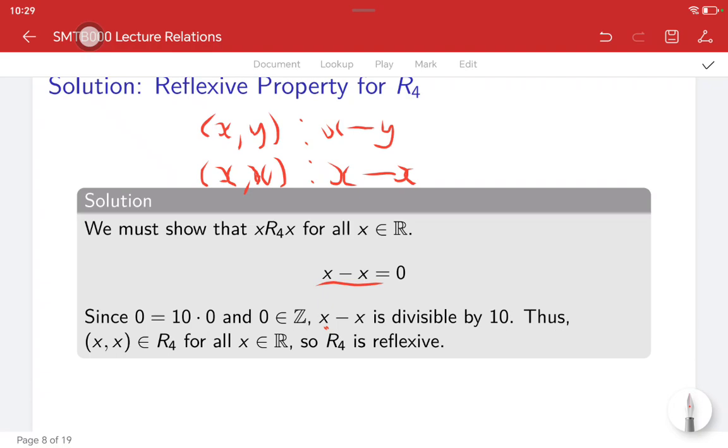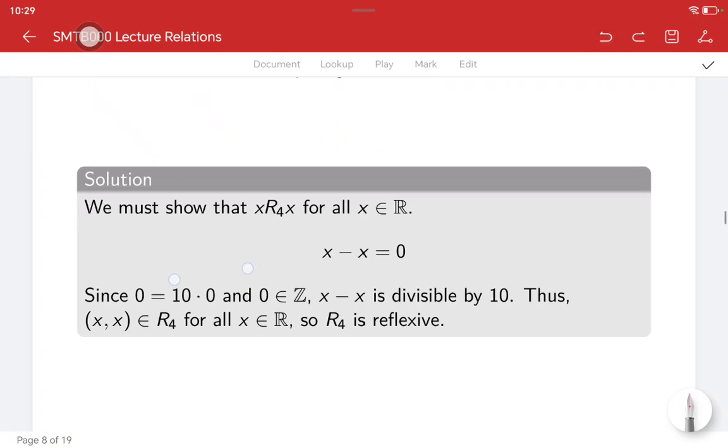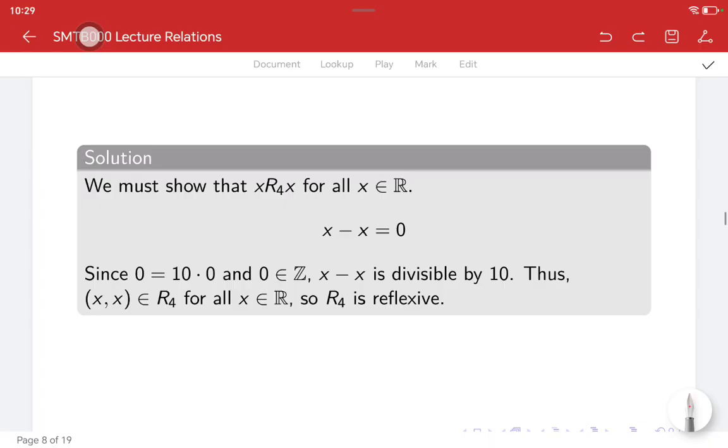So R4 is reflexive. Now, in most cases, I want you to use the structure that I'm using here. First, what you're going to say is this: we are going to say that for all x element of R, you take the definition.